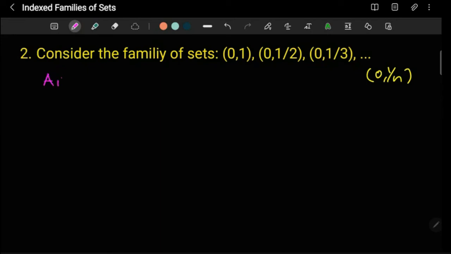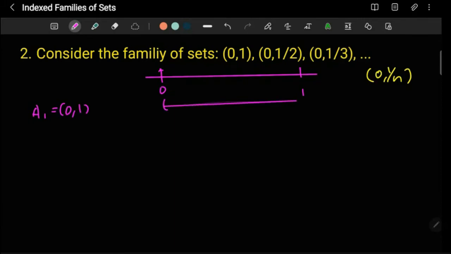A1 denotes the set (0, 1). So, paano natin may imagine yung (0, 1)? So, let's have a real number line. Let's say this is number 0, this is the number 1. So, A1 is simply all the numbers from 0 up to 1, not including the endpoints.